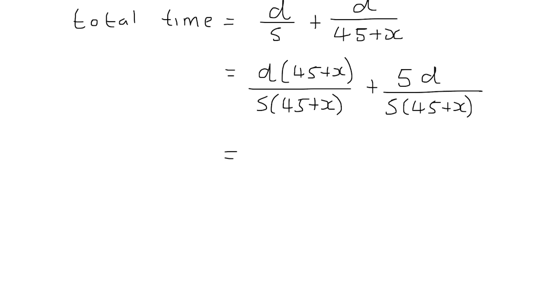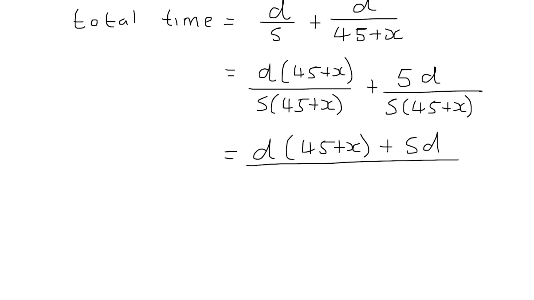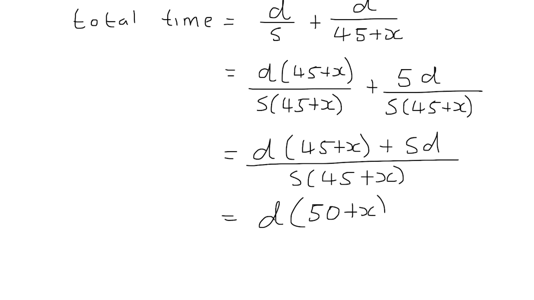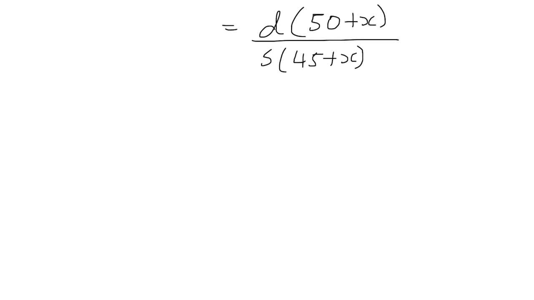This will be equal to d into 45 plus x plus 5d all divided by 5 into 45 plus x. And then if we factor out the d, we get d into 45 plus 5, which will be 50 plus x, and this is still divided by 5 into 45 plus x. And that is our total time with the increased speed going down the hill.